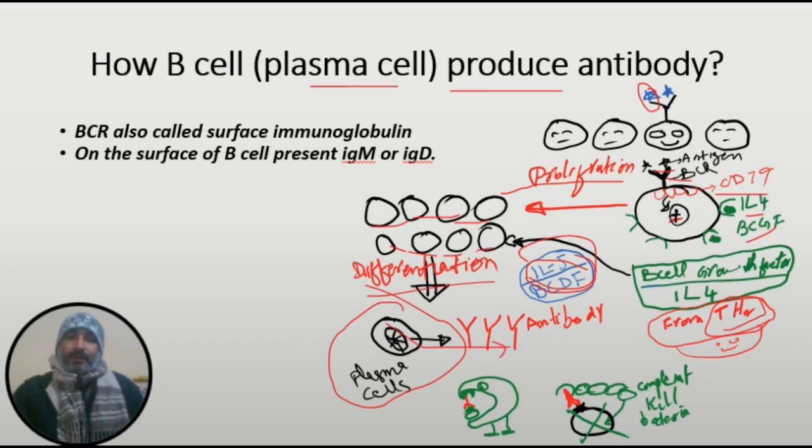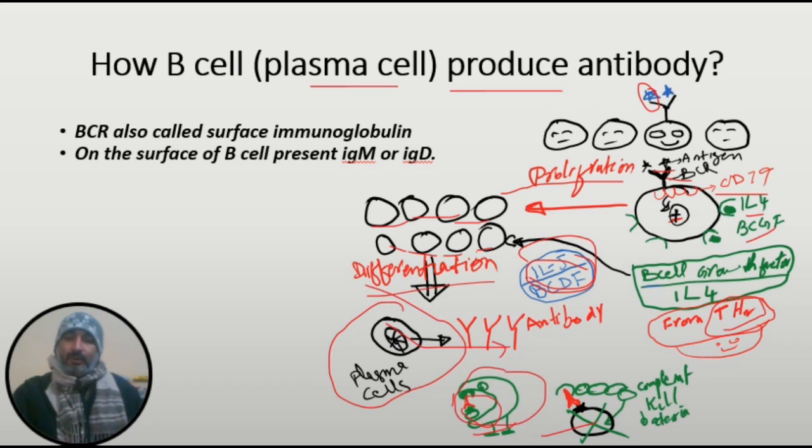So B cells will be differentiated into plasma cells, and these plasma cells secrete antibodies. So what will the antibody do? They activate the complement system. Number one, they activate the macrophages. These macrophages have receptors for antibodies; one side binds with that receptor, and the other side binds with the bacteria, and they will phagocytose. So very important.